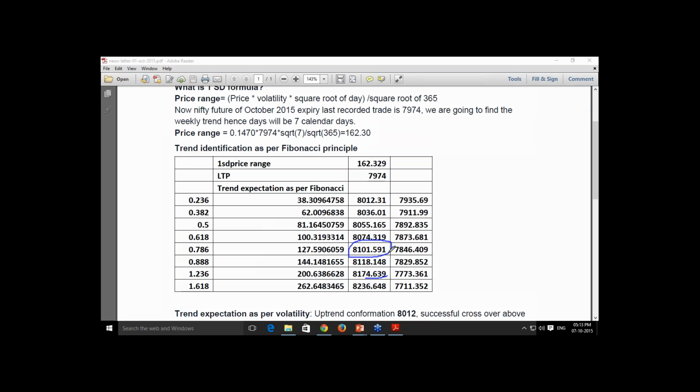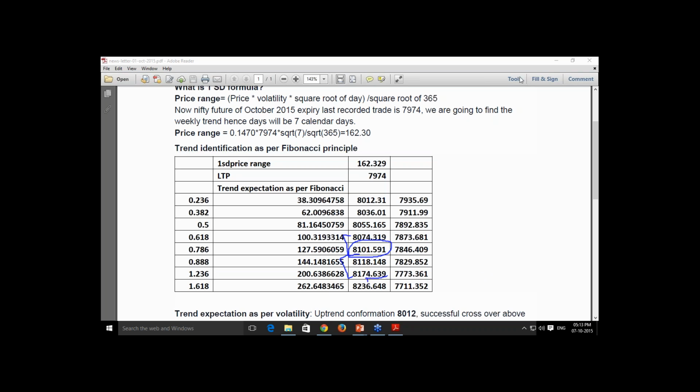You had a great opening, and it went above that. Then the death zone was penetrated. If you look at these two price points, 8074 and 8102, how much resistance you found this week in the Nifty future? And once this was crossed, up to 8174, how much resistance you found? Today you have just closed above that.